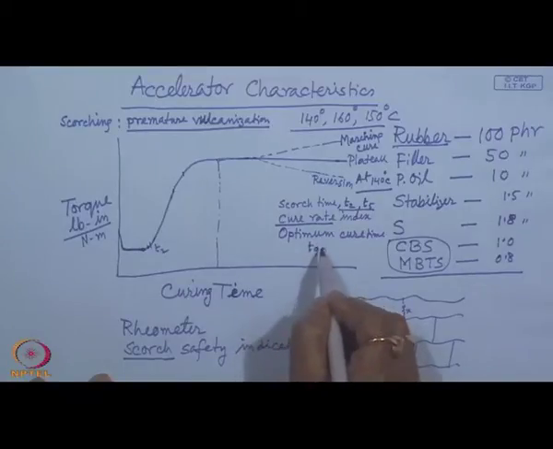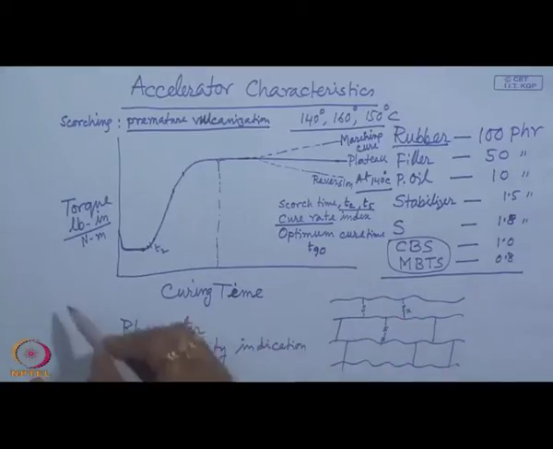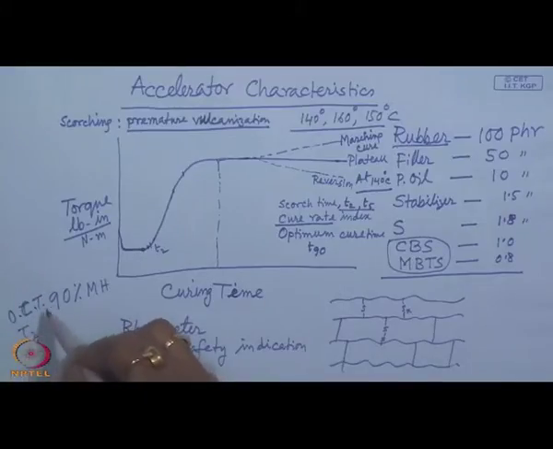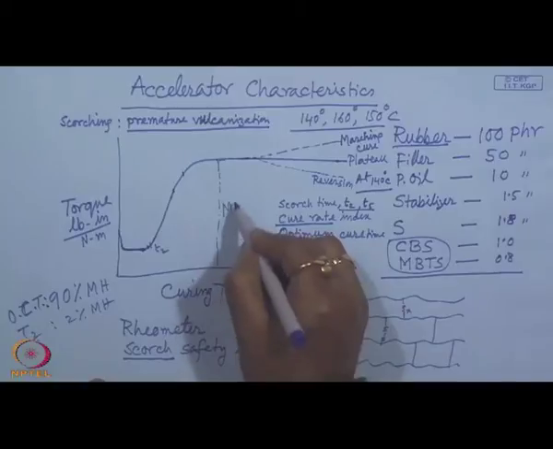That means, the time required to achieve 90% of maximum torque, say mH. Optimum cure time OCT, and scorch time T2. So, this is 90% of maximum torque, this is 2% of maximum torque mH.